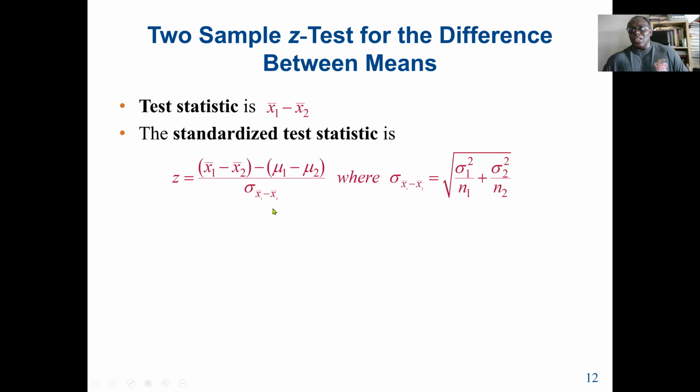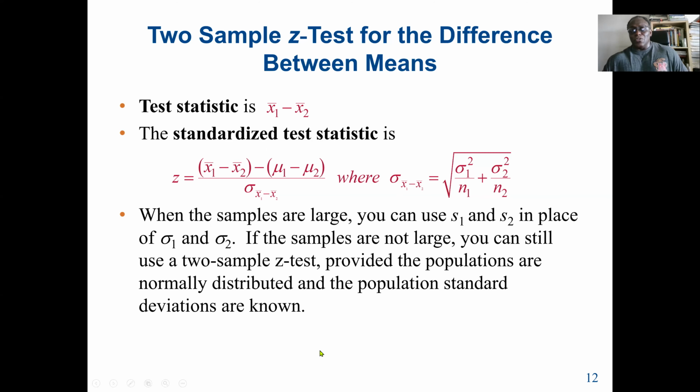But this time the standard error formula is different. In a one sample Z test, the standard error is just the population standard deviation over the square root of the sample size. Here it is the first population variance over the first sample size, plus the second population variance over the second sample size. That will give us the standard error.